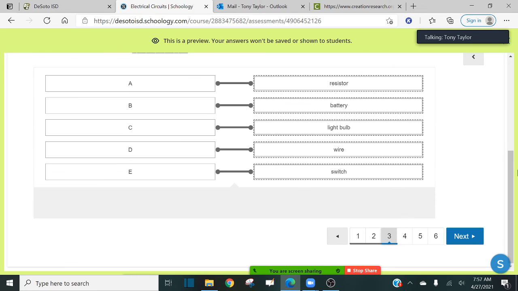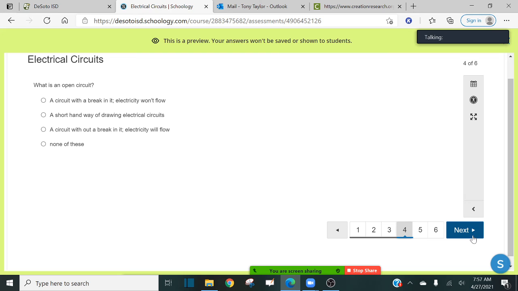So y'all got that? Okay, let's keep going. What is the definition of an open circuit? We talked about this. An open circuit is a circuit with a break in it. Electricity won't flow.